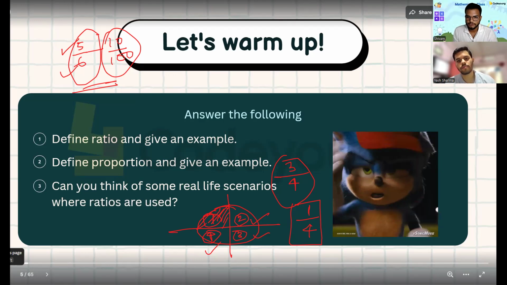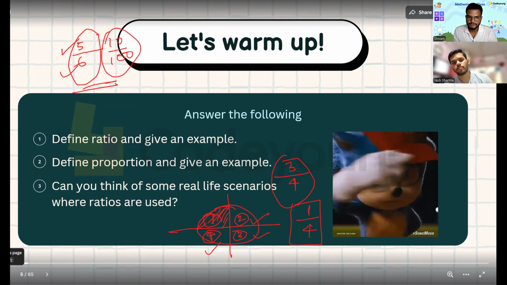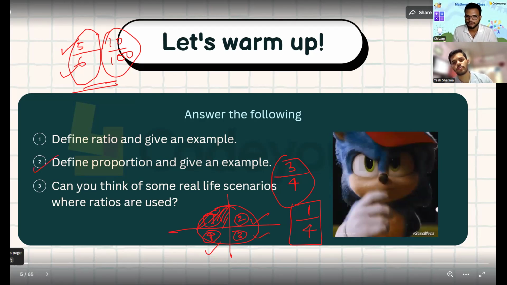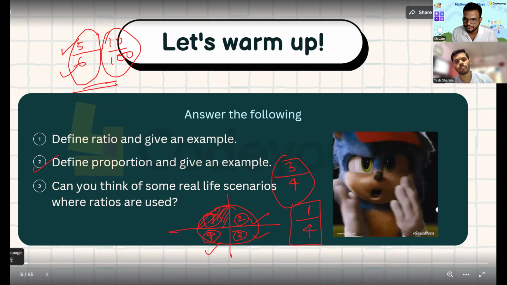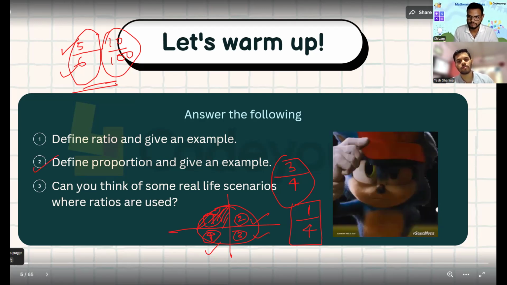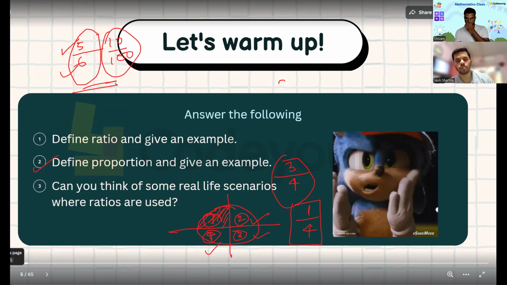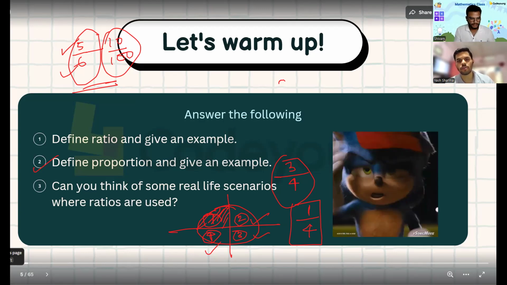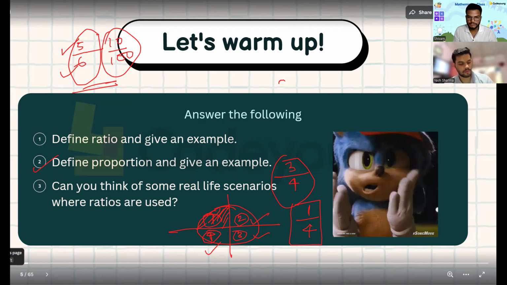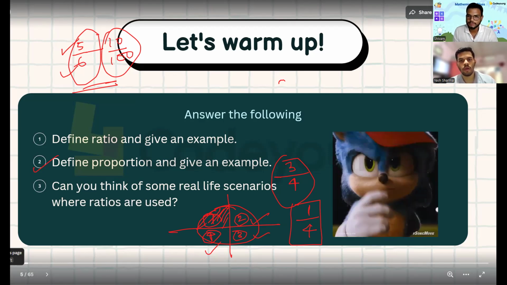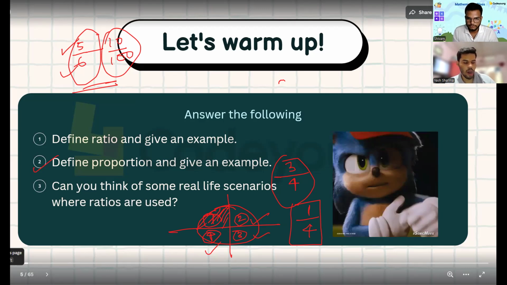Okay, so now let's move on. Second one is proportion. Do you know proportion? Yes, I know proportion. When we compare two ratios, this is known as proportion. Yes, you are near to understanding it.